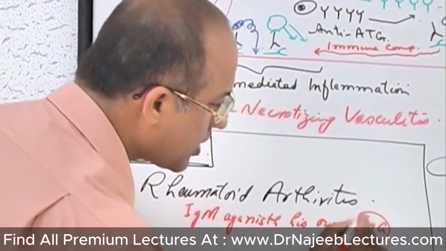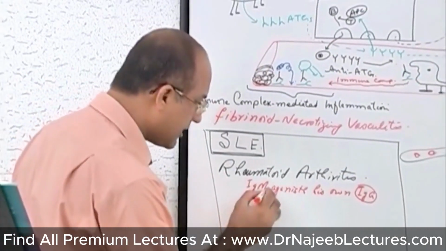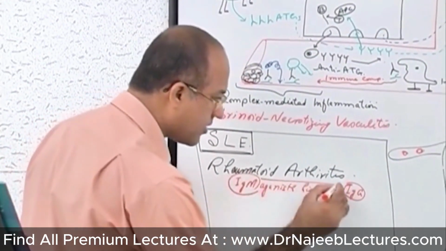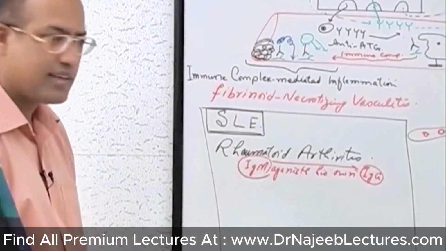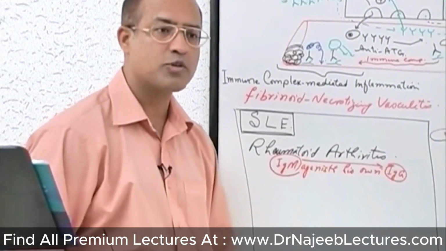It means the patient's own IgG is acting as antigen and he is developing IgM against his own IgG. Is that right? This IgM is called rheumatoid factor. What is it called? Rheumatoid factors.